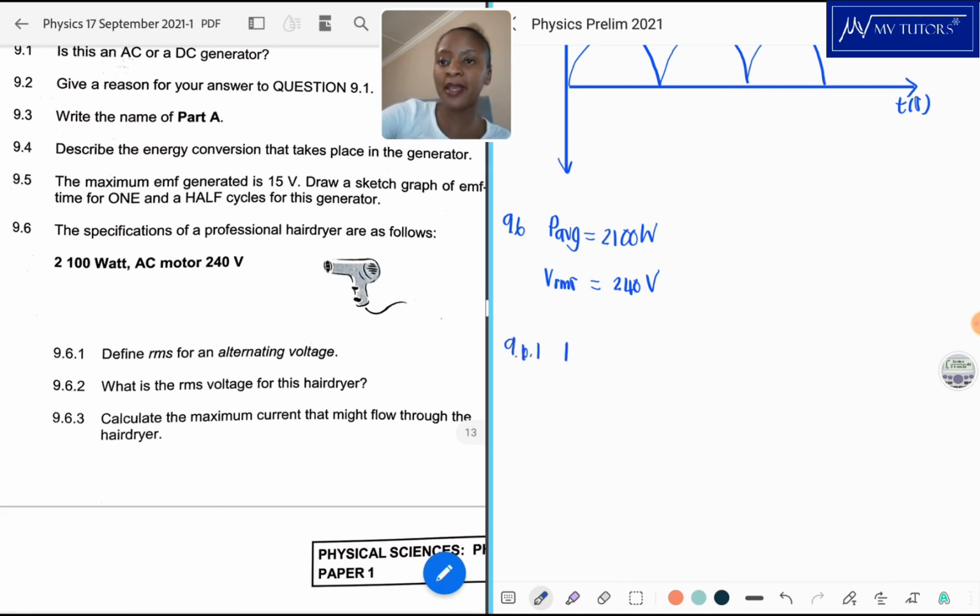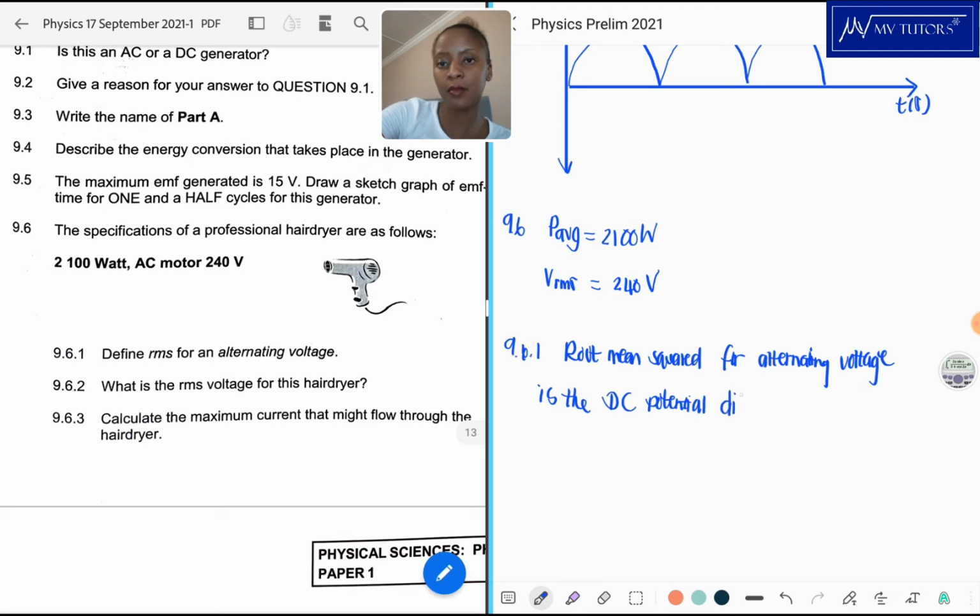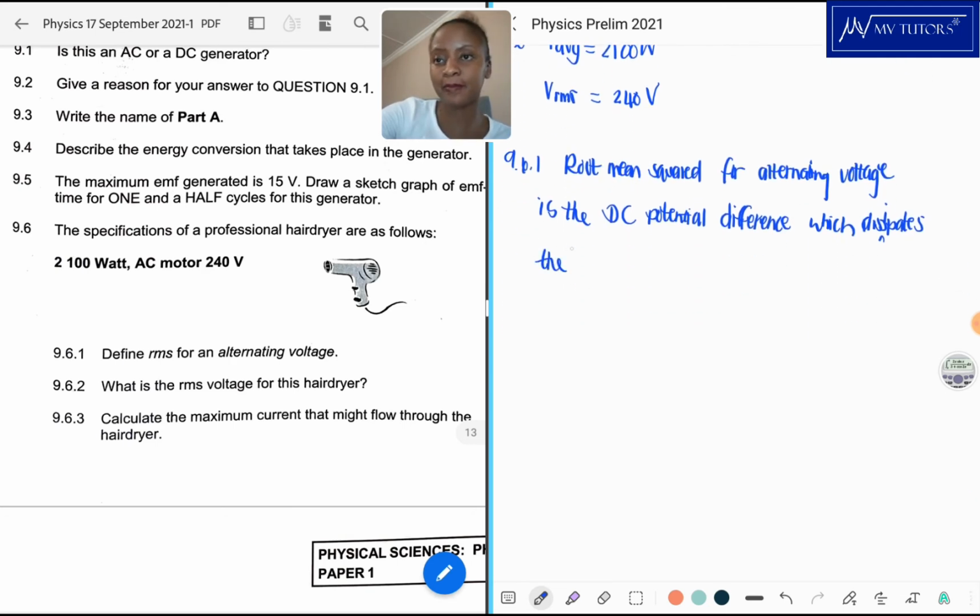Okay, so the RMS, which is basically the root mean square for alternating voltage, is the direct current potential difference which dissipates the same amount of energy as the alternating current.